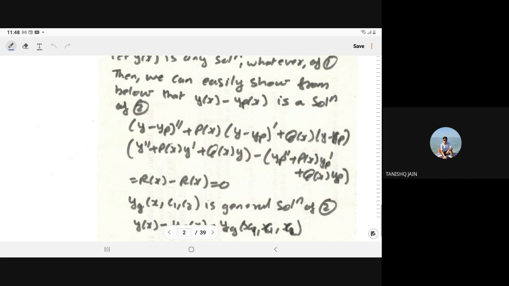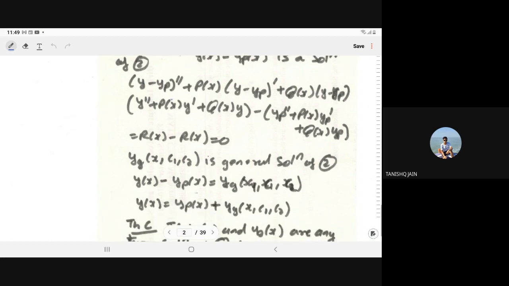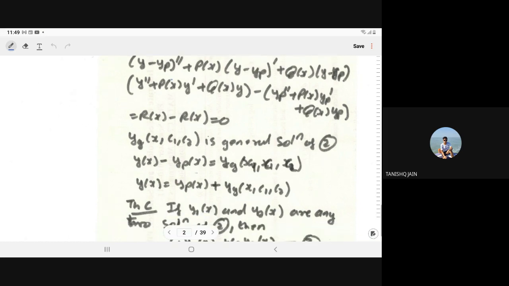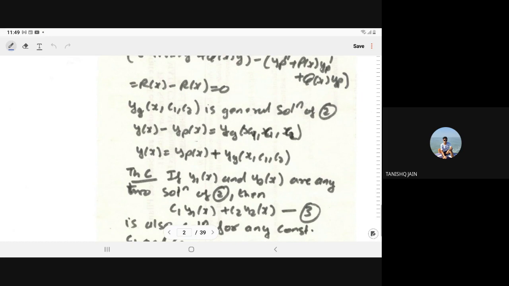That can be written as y double dash plus p(x) y dash plus q(x) y minus yp double dash plus p(x) yp dash plus q(x) yp, because both are the solution of the first one. So it is equal to r(x) minus r(x), and that is 0. And also yg is the general solution of the second. So y(x) minus yp is equal to yg, or y is equal to yp plus yg. So that is the structure of the solution of the second order differential equation.